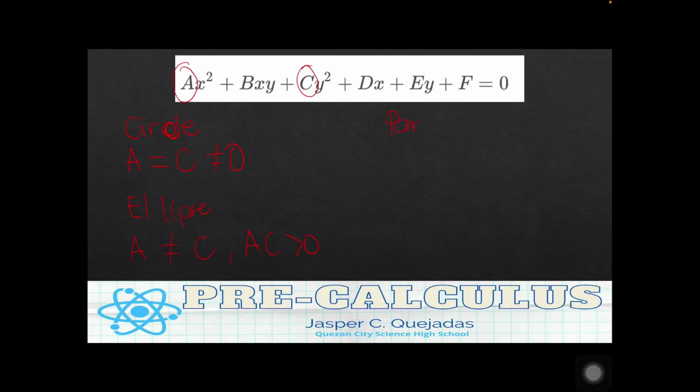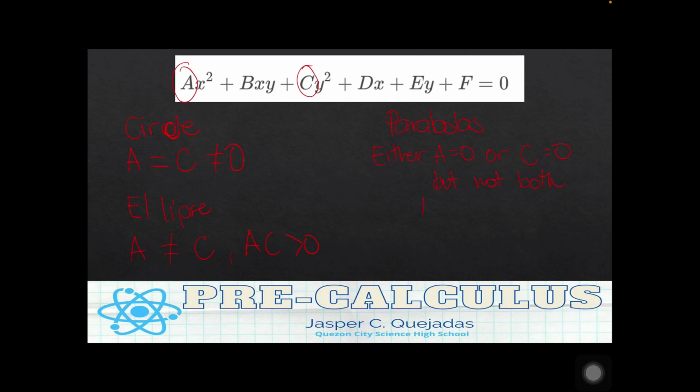For parabolas, it's either A is equal to 0 or C is equal to 0, but not both. So one of A or C should be equal to 0, but not both of them.